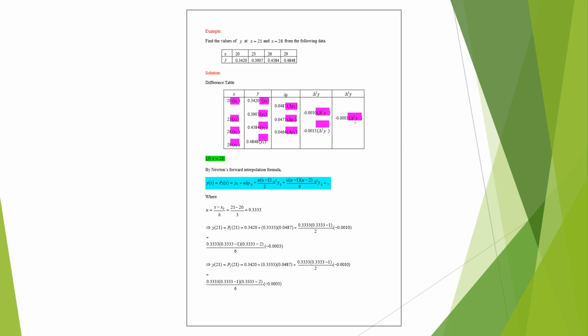First, here they are asking us to interpolate a value x equal to 21, which lies in the values of x, particularly in between 20 and 23. Now we have to interpolate the value of x, which means corresponding to the value of x we have to find the value of y.